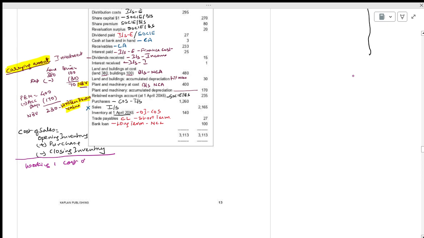The first thing we take in cost of sales is opening inventory. How much is the opening inventory? 140. Put one cross here. Put one plus purchases. How much are the purchases?